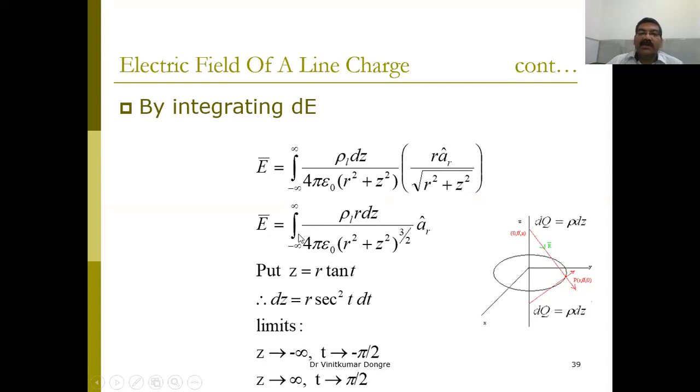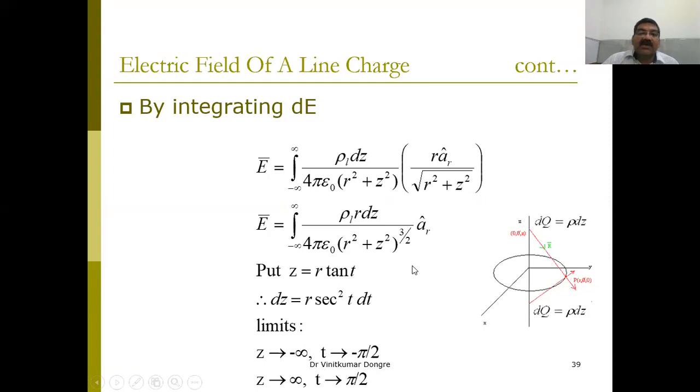We only have to take the integration. So let us simplify this: R square plus Z square to the power 3 by 2. These two things are clubbed here. This is the whole power and this is half power, so the 1.5 power is put here. The rest of the other things are here and ar is there. So we have to integrate.